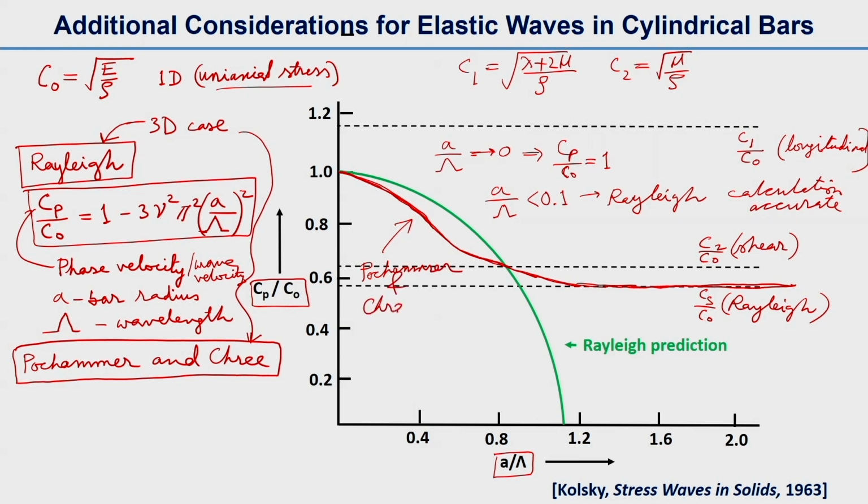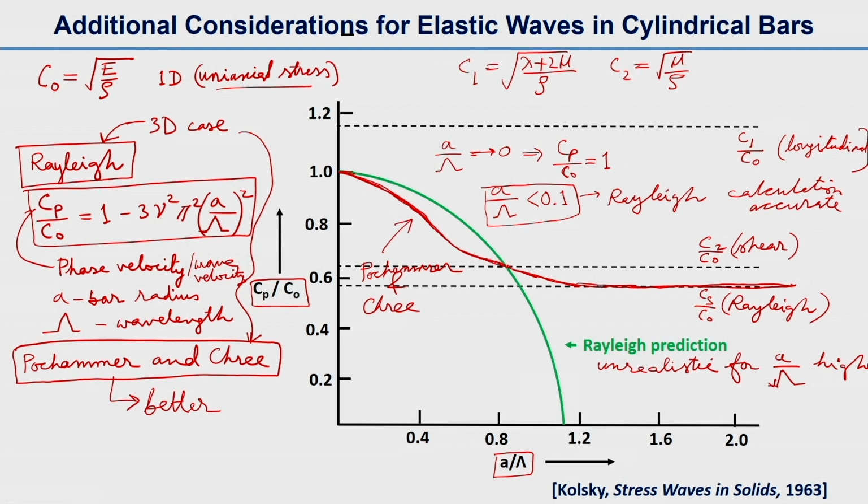And this curve is the Pochhammer and Tree calculation. As I already mentioned, if A by lambda is less than 0.1, the Rayleigh predictions are also accurate, but otherwise if A by lambda is very high, the Rayleigh predictions are unrealistic, and in that case we can say that the Pochhammer and Tree predictions are better than the Rayleigh predictions.